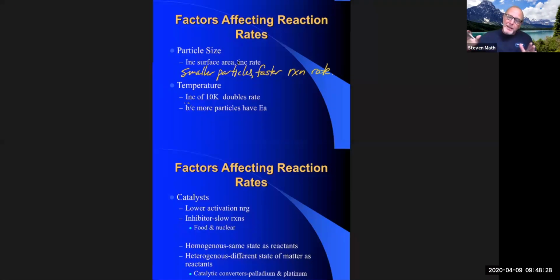How come? Because by putting more energy in, that 10 kelvins, those particles are moving faster. And the more movement, the more collisions, the more they have the activation energy, and life is good. So those are our factors: particle size, temperature, concentration, also the nature of what it is.